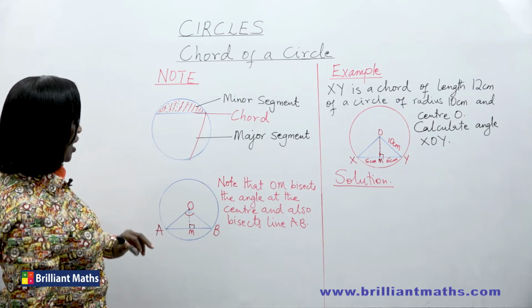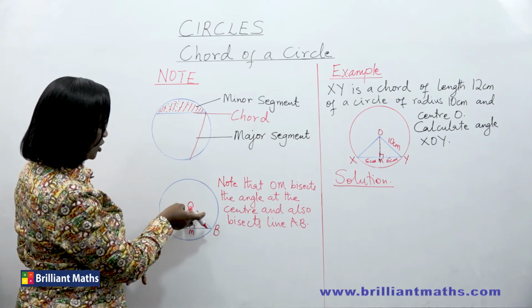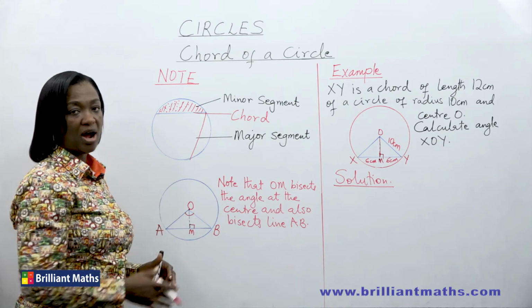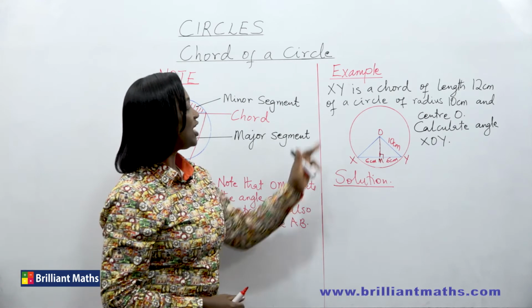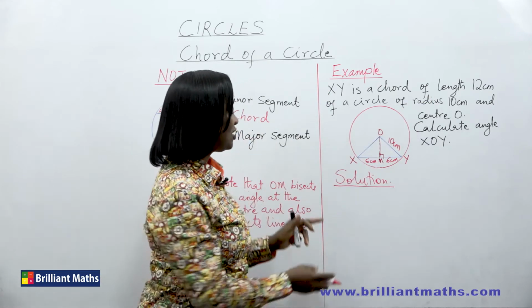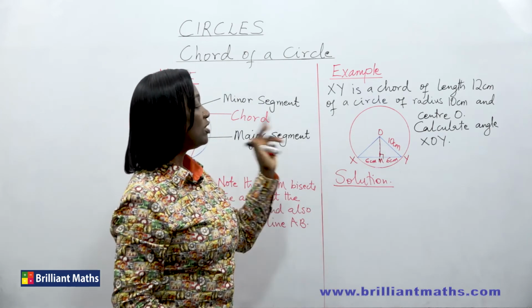So OM is a perpendicular bisector. It divides that angle into 2 and also divides the line AB in half. Let's look at the first example. It says XY is a chord of length 12 centimeters from one part of the circumference to the other, but not through the center.